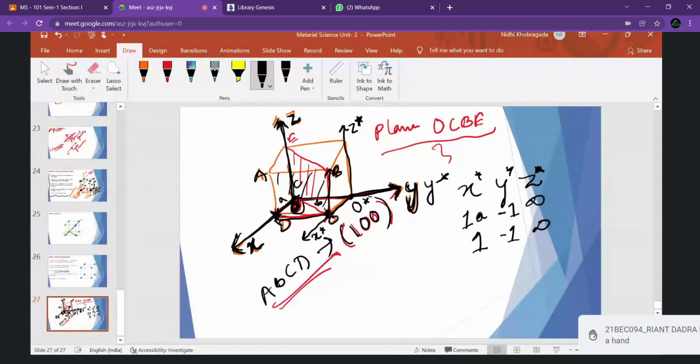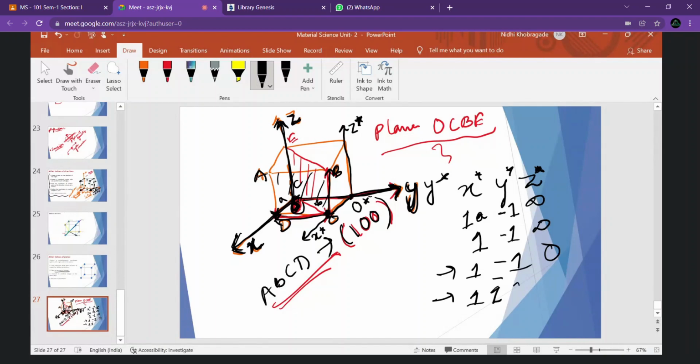The next step is that we have to take the reciprocal of these intercepts, that is 1, -1 and 0. So the Miller indices will be 1, 1 bar, 0, and that should be written in round brackets.